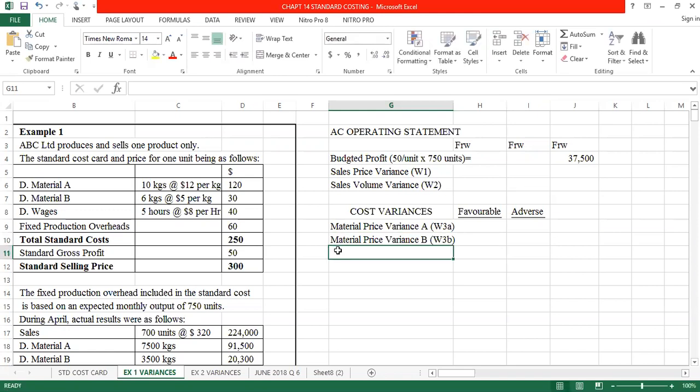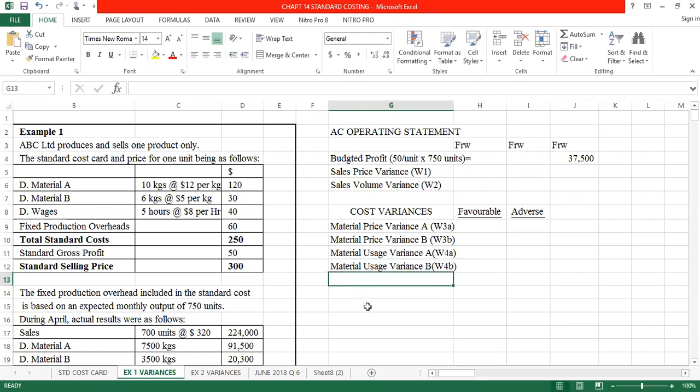Next, material usage variance for material A. Please note that down. That will be working 4A. Next, material usage variance for B. That will be working 4B.